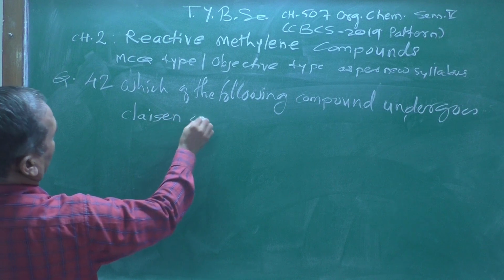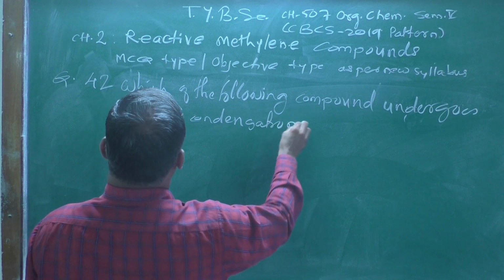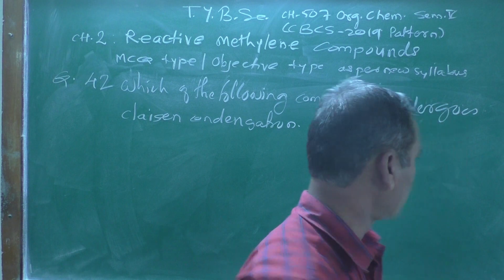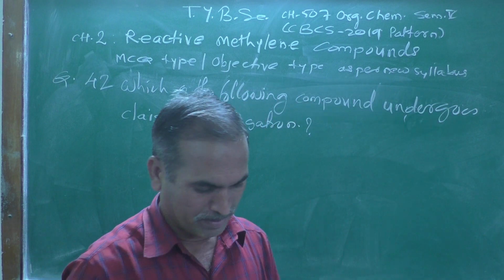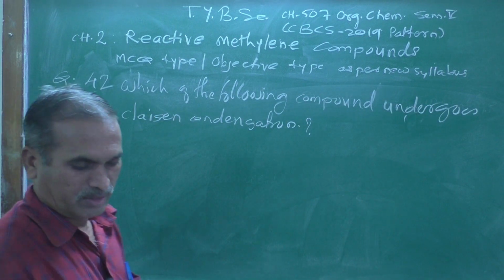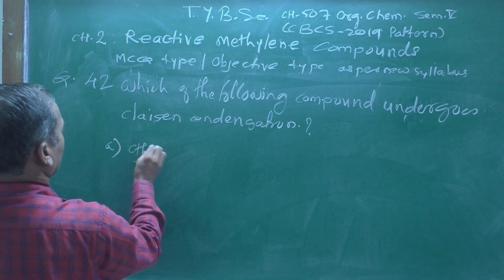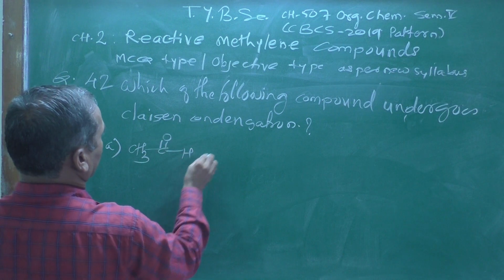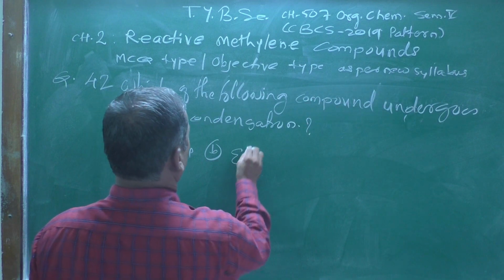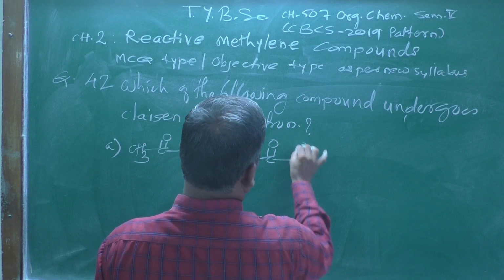The options are given here. A is CH3 C double bond O OH. B would be EtO C double bond O, then C double bond O OEt.